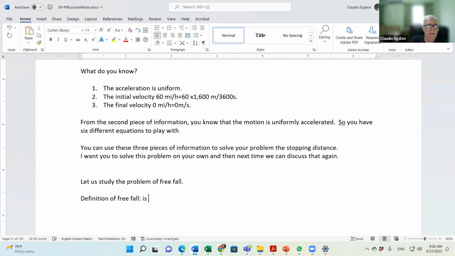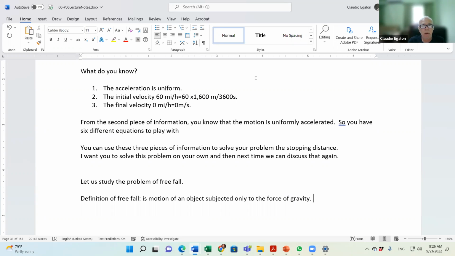Okay. Free fall is motion of an object subjected only to the force of gravity. Under this circumstance, we know from experimentation that when only the force of gravity is applied, nothing else, right?